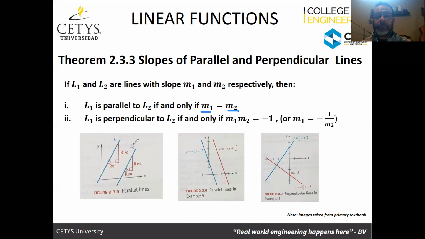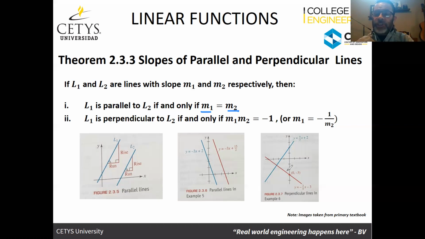Now, another situation is when lines are perpendicular. So what is a perpendicular line? Two lines that are perpendicular to each other are lines that cross, so these are lines that intersect.